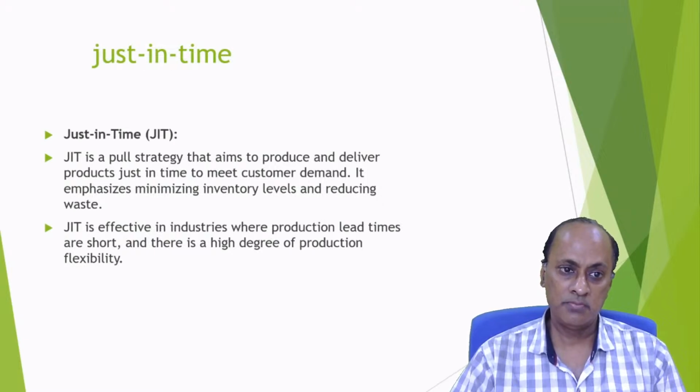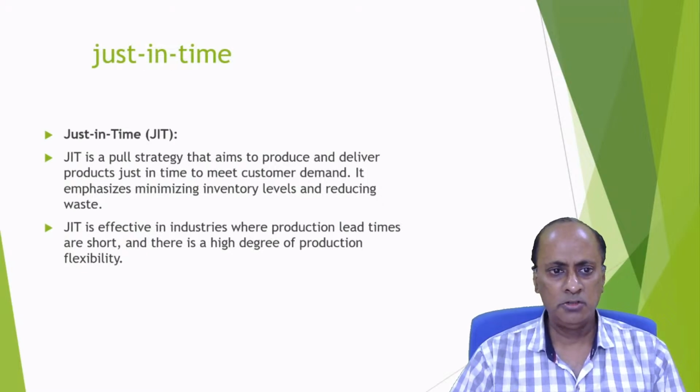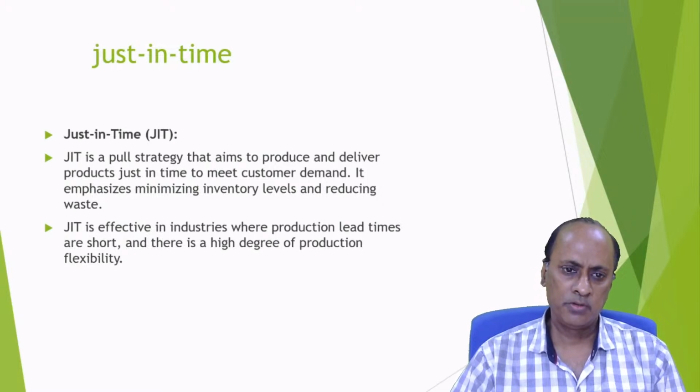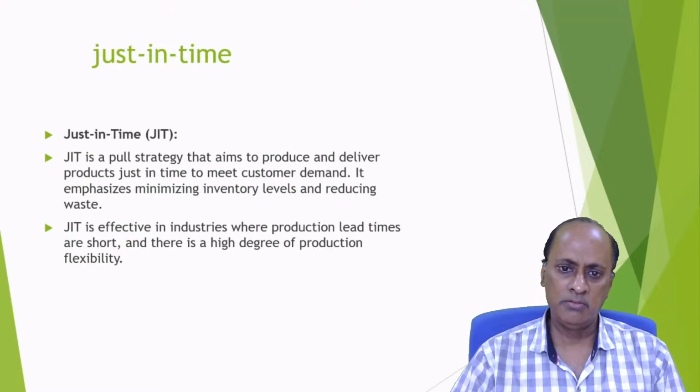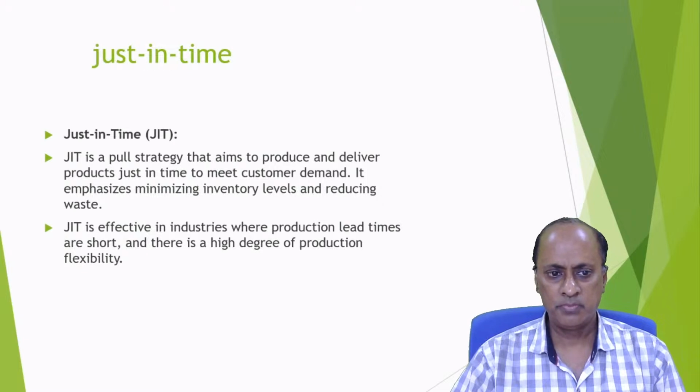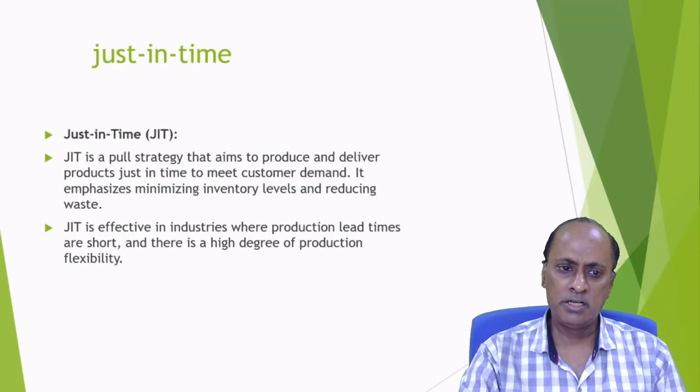There are 7 wastes, and that's why Toyota introduced the JIT system, a type of pull strategy that aims to produce just in time to meet customer demand. Whenever a customer demand comes, it initiates production and tries to deliver, and it never maintains inventory levels, thereby reducing waste.